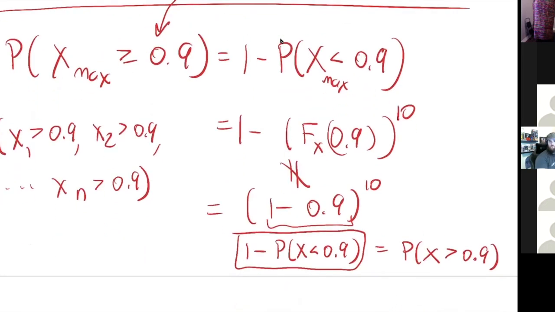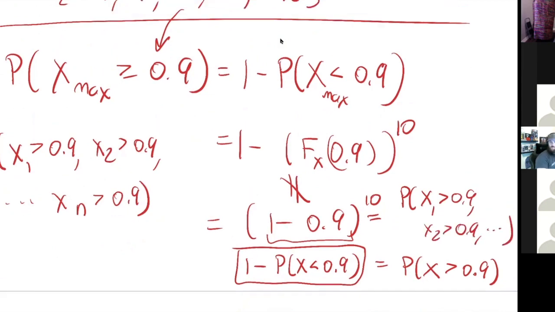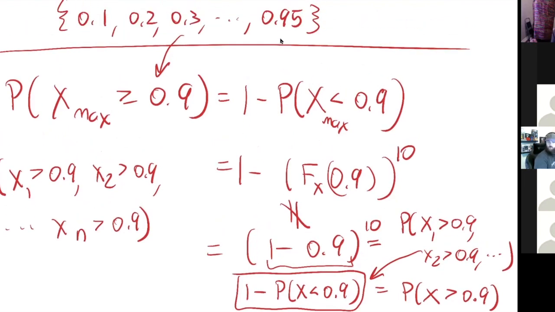So when you calculate this probability over here, this is saying what's the probability that all of these are bigger than 0.9. That's what this is calculating, which is not what this problem is asking. It's asking what's the probability that at least one of them is bigger than 0.9. I don't know if that answers the question, Hannah.